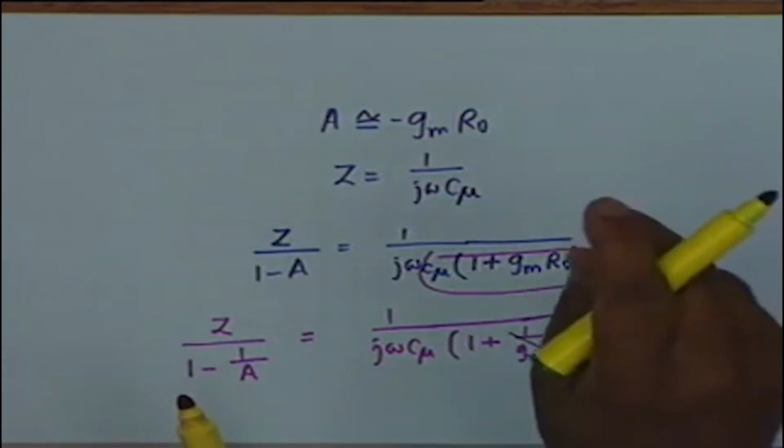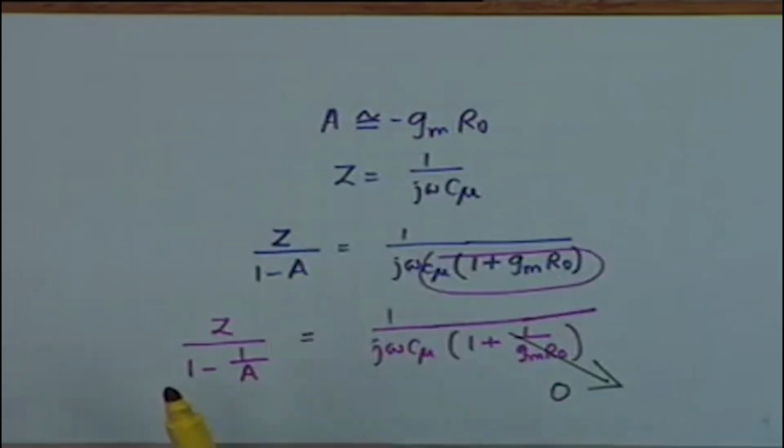Therefore, at the output, C mu remains as C mu. Is this point clear? And this effect, or this method of calculation, is known as the Miller effect. That is, a small capacitor is reflected as a large capacitor. This is called the Miller effect, and the whole theorem is known as Miller's theorem.